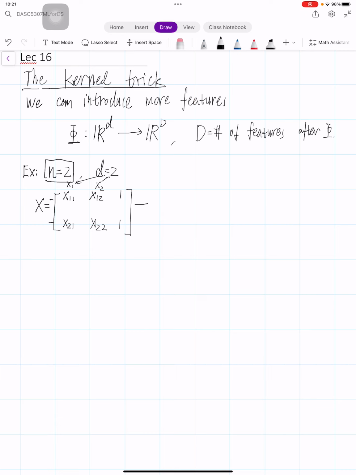What is phi doing? For example, if we introduce phi to be a polynomial of order 2, what does that mean?